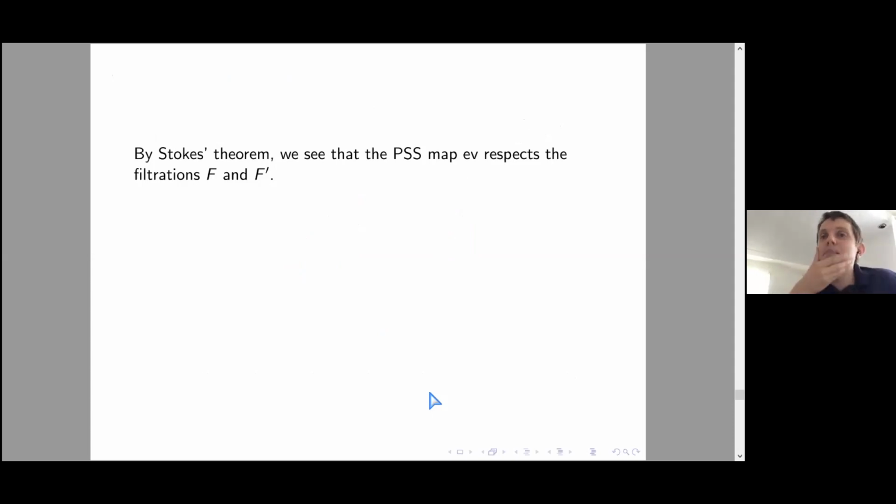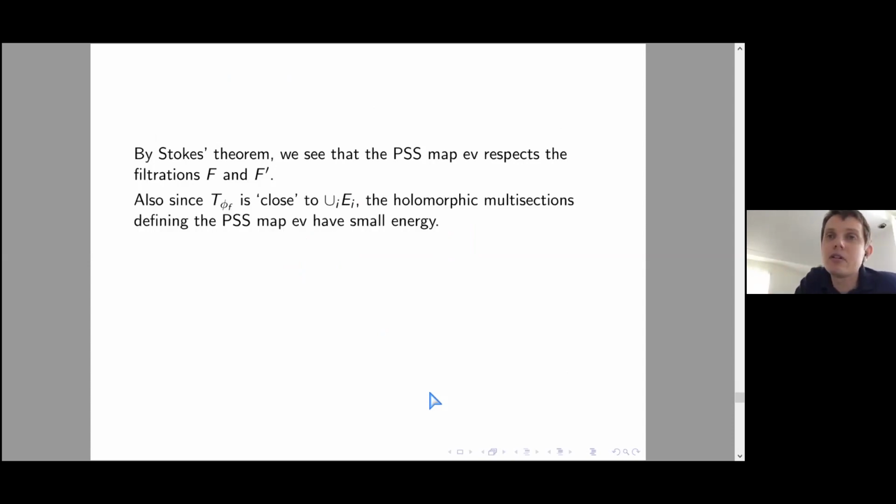And so the PSS map respects these filtrations essentially by Stokes' theorem, because we're just integrating theta y over some circle. And also, since this mapping torus is close to these divisors, the holomorphic multi-sections defining the PSS map have very small energy.